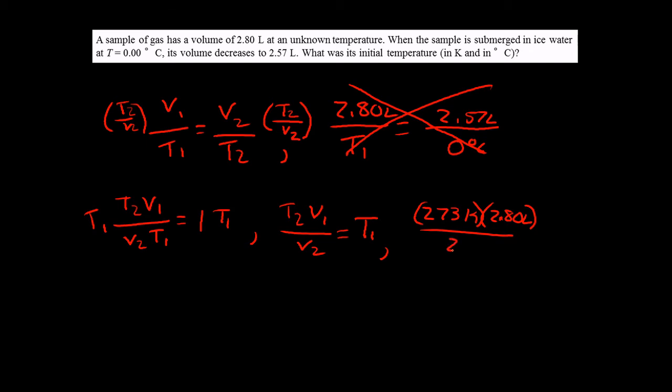And V2 was 2.57 liters. So if I do that math, 273 times 2.8 divided by 2.57, T1 is 297.43 Kelvin.